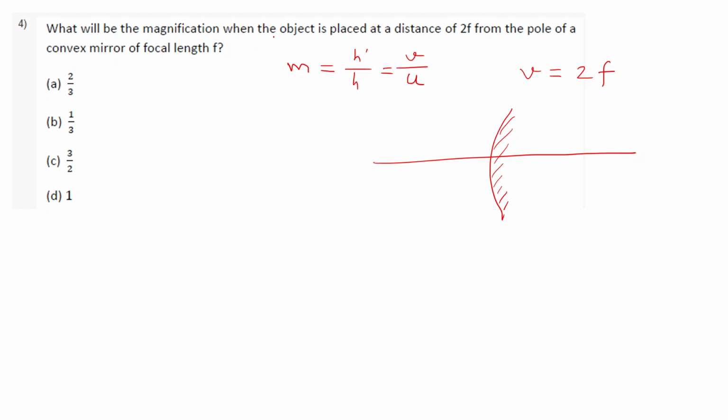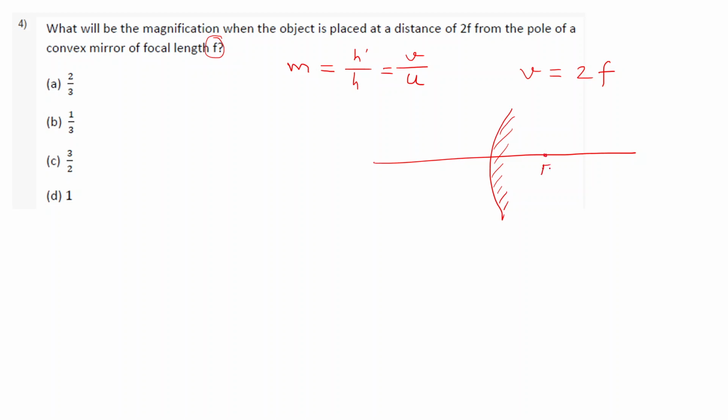The focal length of the convex mirror is given to be f. Now first we have drawn the picture so that it is clear that we are talking about a convex mirror.